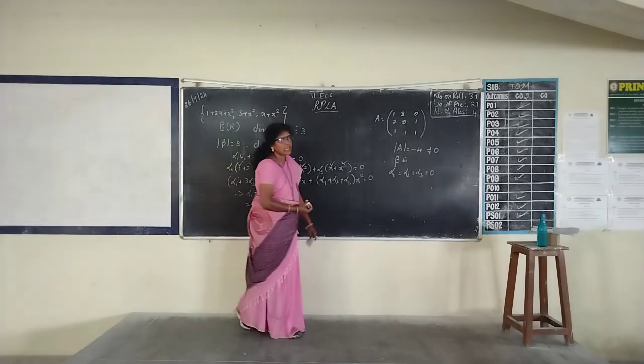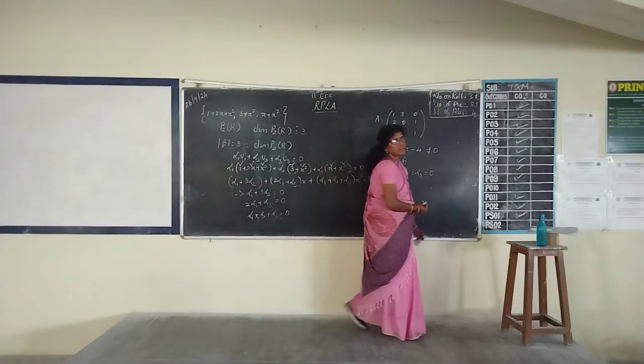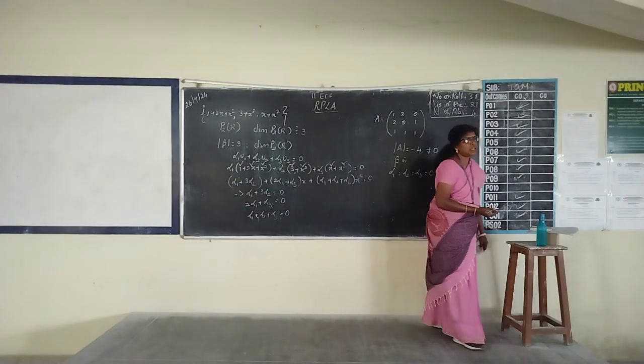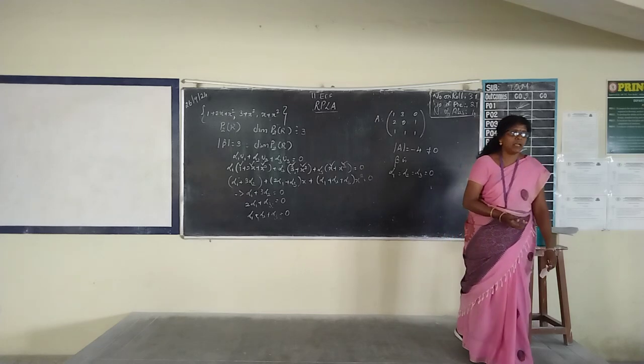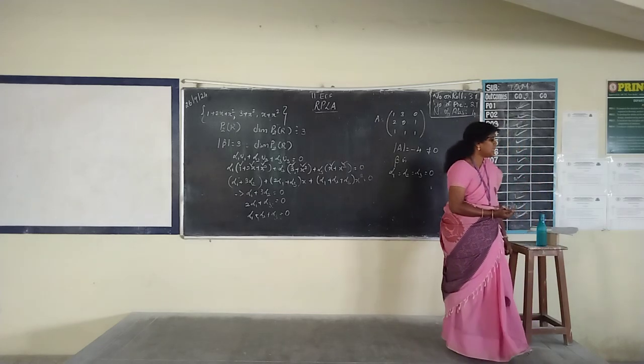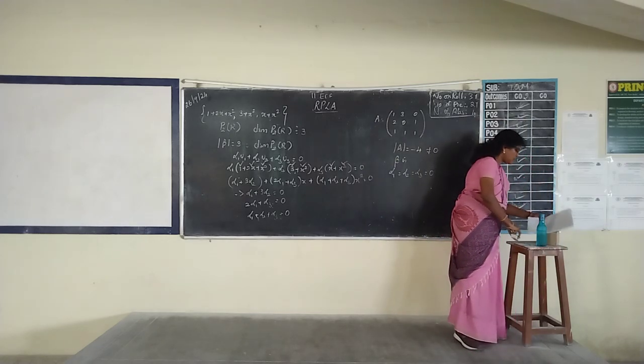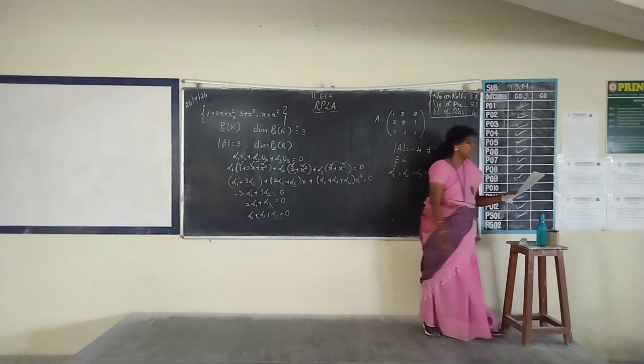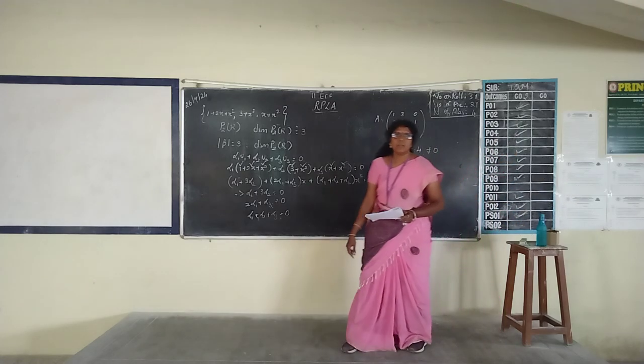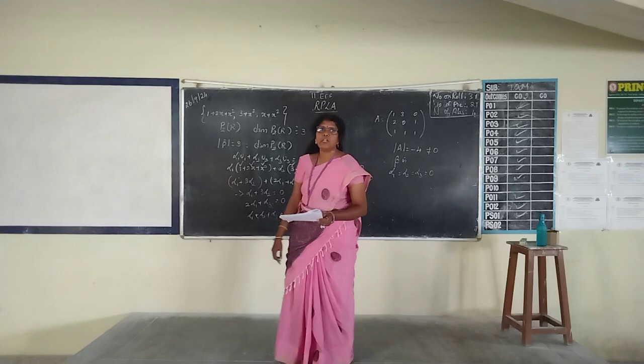So tell me a final conclusion. Basis or not a basis? Basis. So hence beta is a basis of P2 of R.